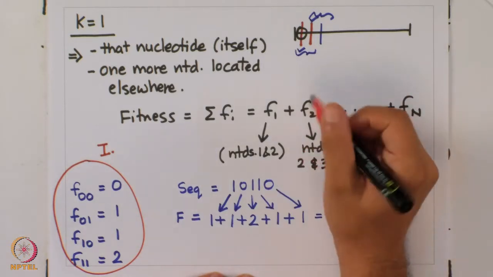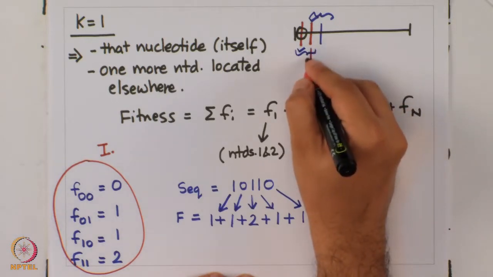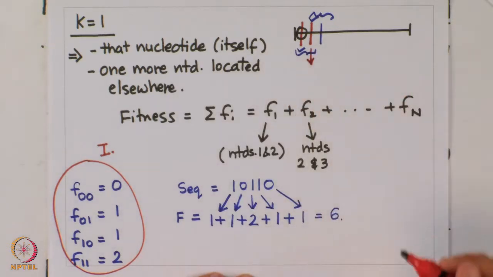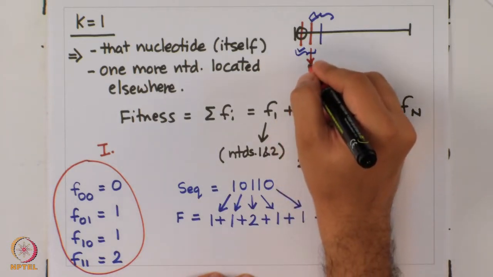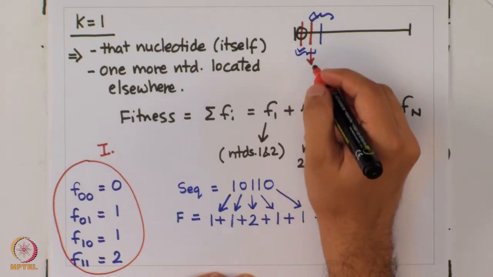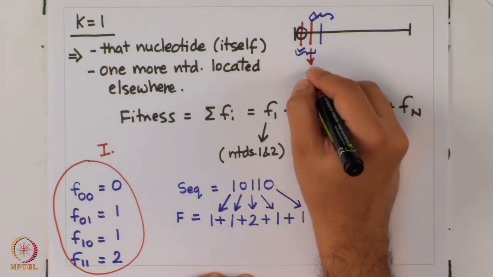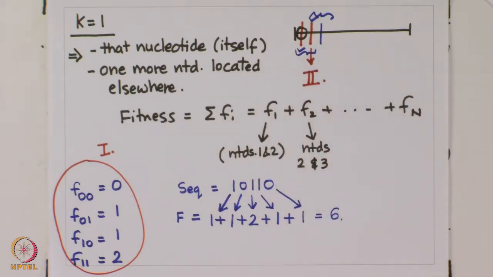Somewhat randomly, I have chosen that one other nucleotide to be the next one for every nucleotide in my system. So this choice of this one other nucleotide which determines the fitness of a particular nucleotide is the second aspect which is somewhat randomly chosen in our definition here.